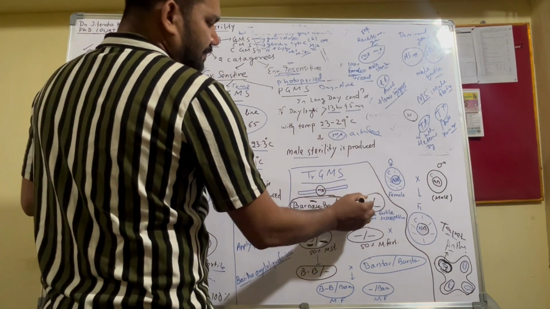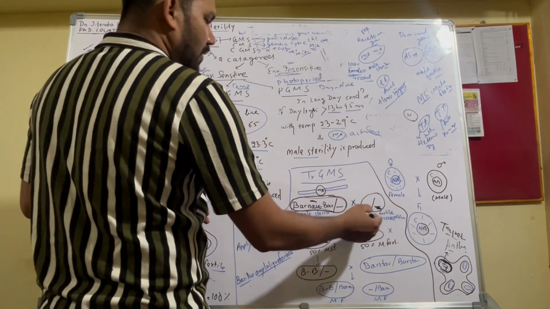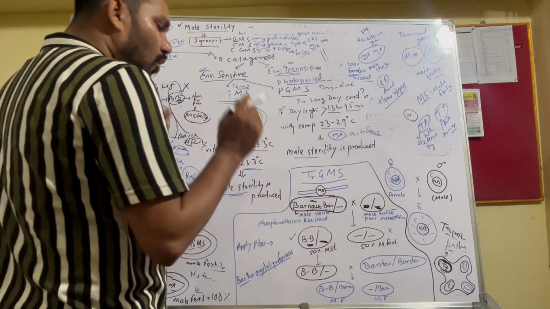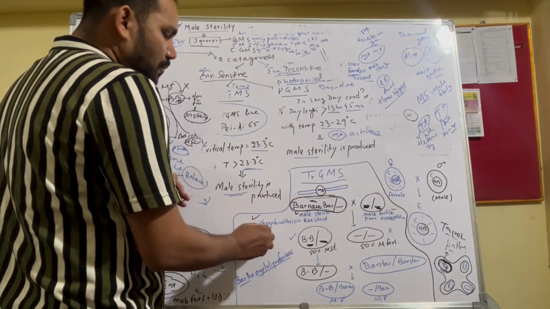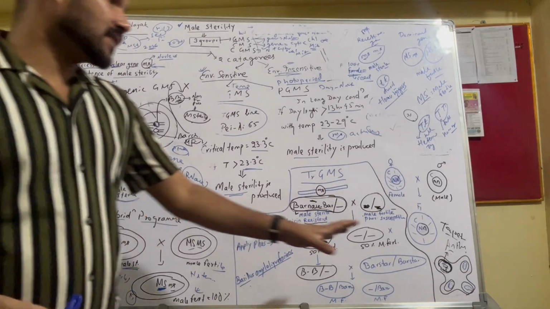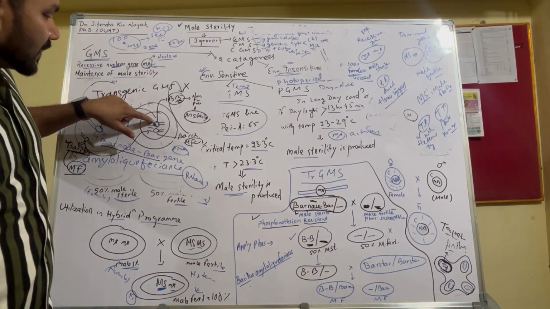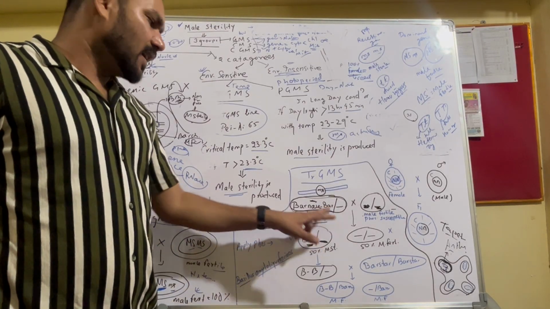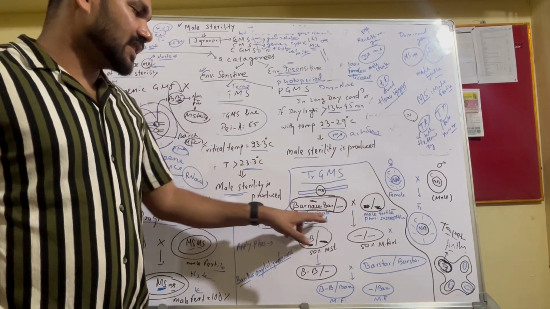In the normal case, there is no barnase gene, so normally your plant becomes male fertile. And those plants which have the barnase gene are phosphinothricin resistant. That means those plants that contain the barnase gene are phosphinothricin resistant. And again, I have told you barnase-containing plants are male sterile.